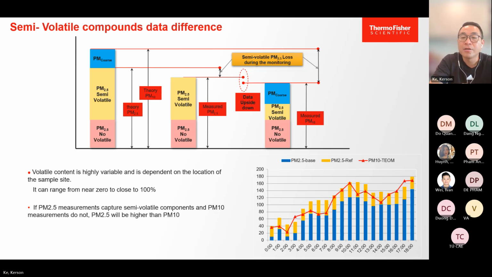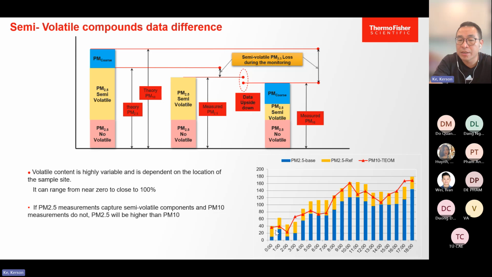As you can see in some readings, this is the reference in China, where we use TEOM. So we have the FDMS system, with the base concentration plus the reference concentration. Also, we have the PM10 TEOM without FDMS.